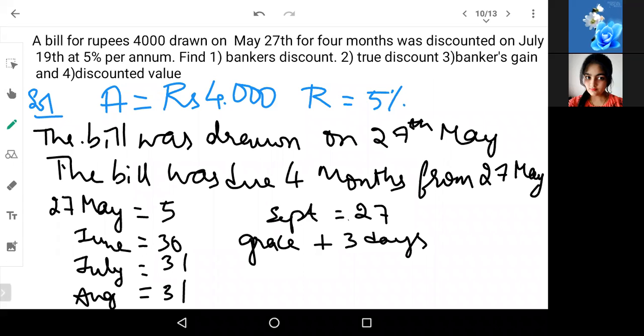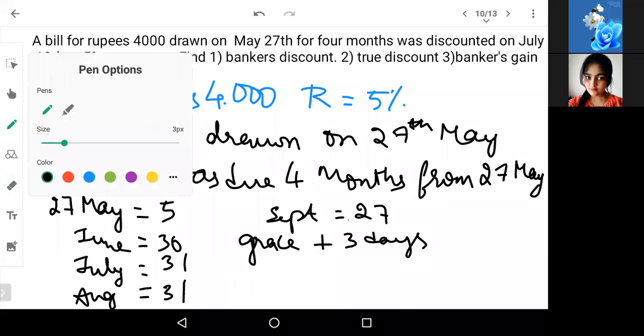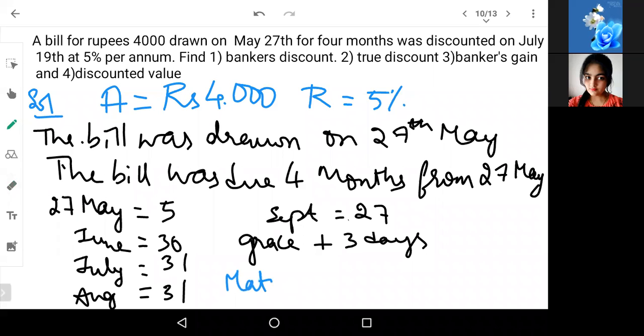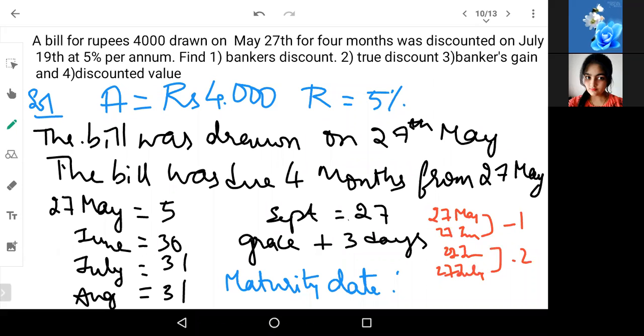But what is required for us is the date. So what is the maturity date? Let us write it like that. Maturity date. 27th May to 27th June is 1 month. 27 June to 27 July is 2 months. 27 July to 27 August is 3 months. 27th August to 27th September is 4 months.